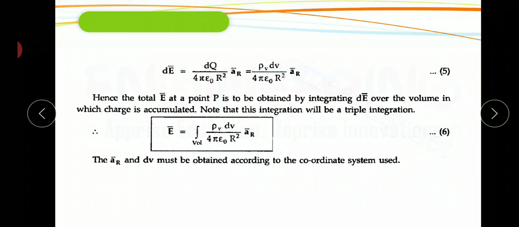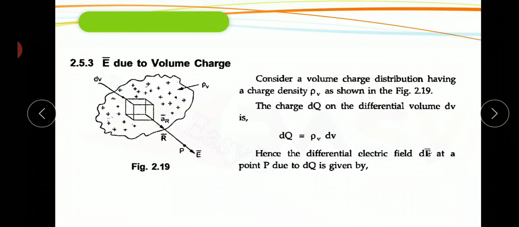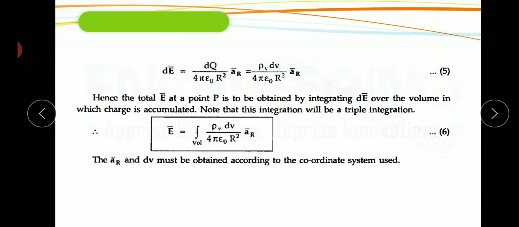The general formula for a differential electric field is dq by 4 pi epsilon naught r square ar bar, but the differential charge in this case is rho v dV. Now substitute this value here. So rho v dV by 4 pi epsilon naught r square ar bar.